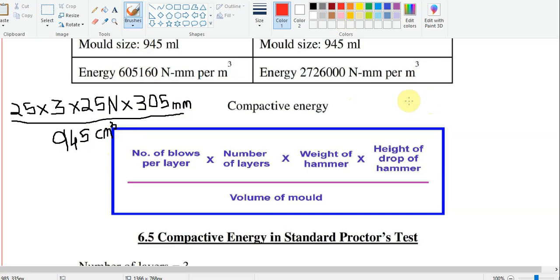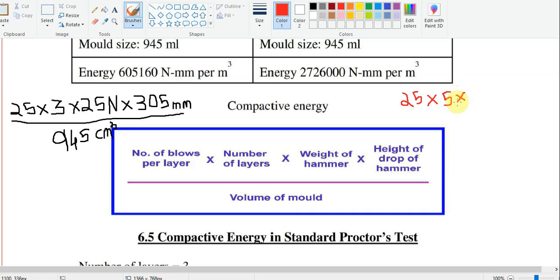Similarly, for a modified Proctor test, number of blows per layer is 25, and we are compacting in 5 layers.